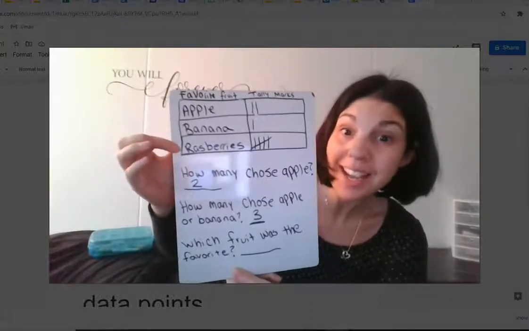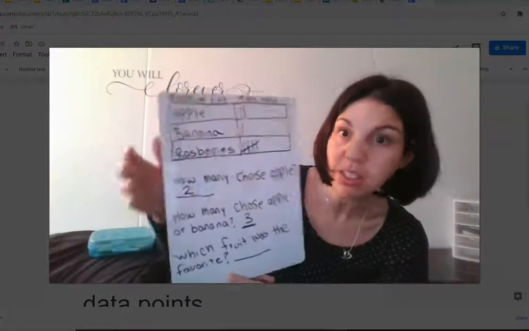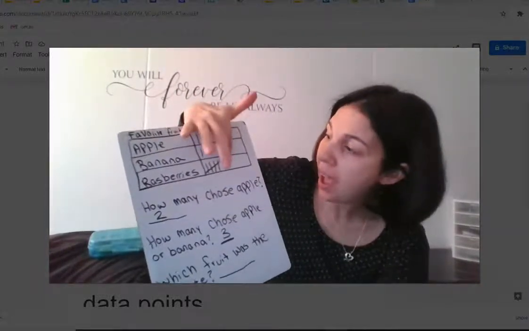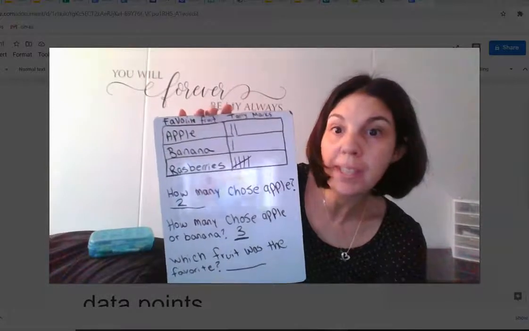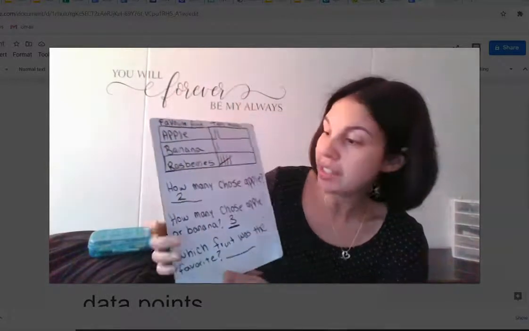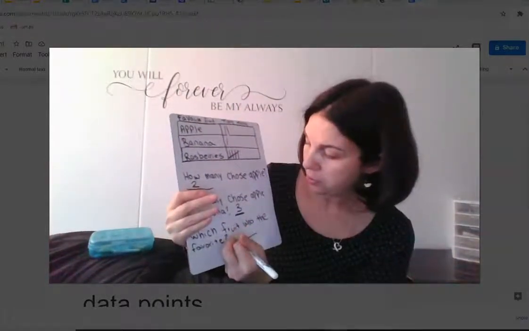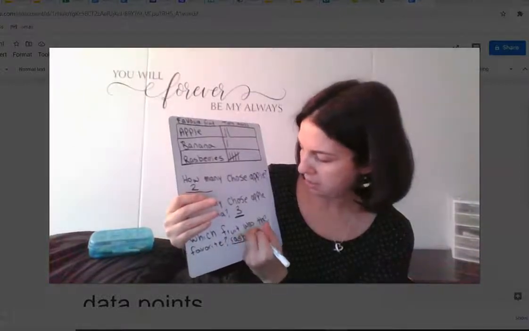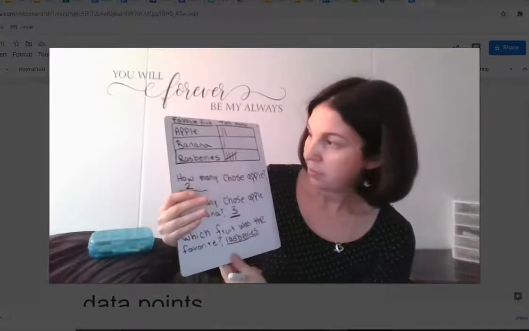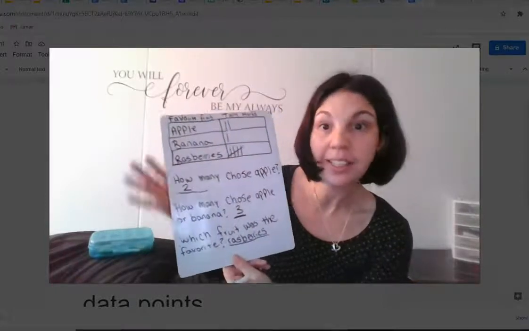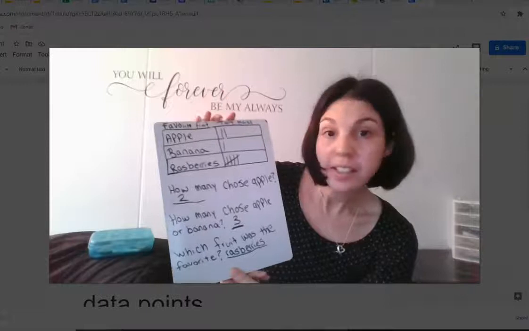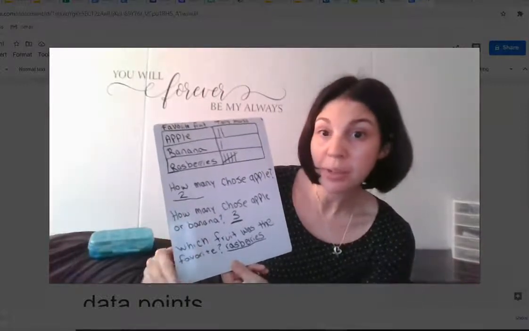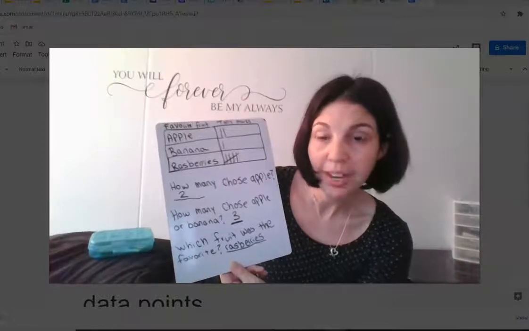Raspberries has the most. It has 5. That's the most. If we look, we have 2, 1, 5. Which number is the biggest? 5. So that's the one that has the most. So I'm going to write raspberries. Okay, so that's how we collect, organize, and answer questions about data, right?